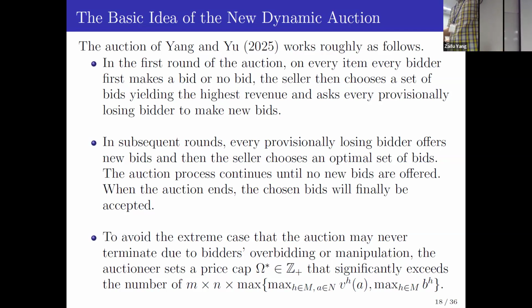So let's put this price cap omega star, which is considerably bigger than the number of bidders times the number of items. You can imagine the valuations and the budgets, so just choose a huge number. If the price goes to that level, then you punish those people.